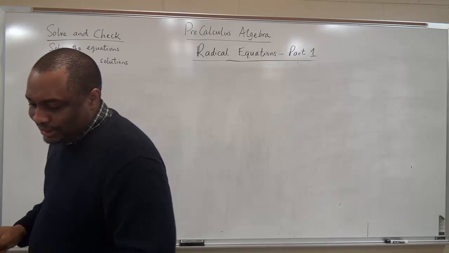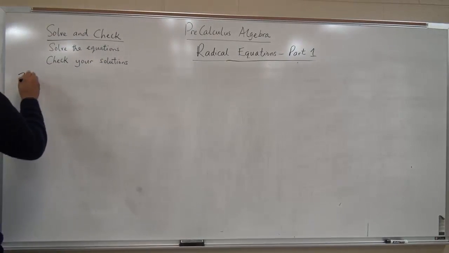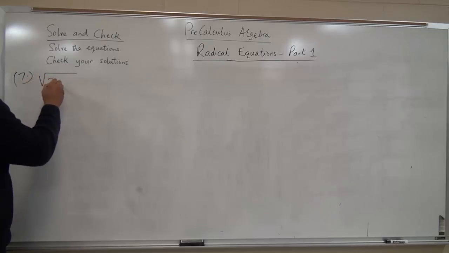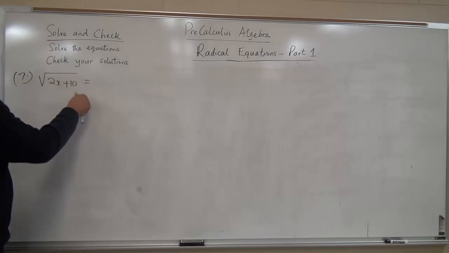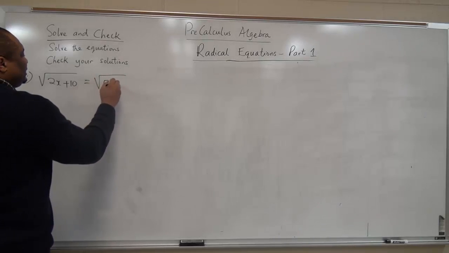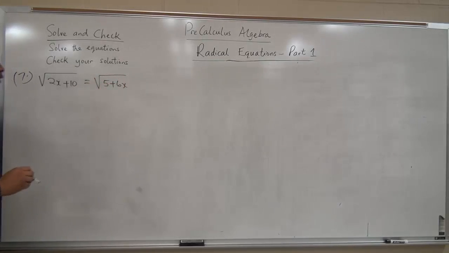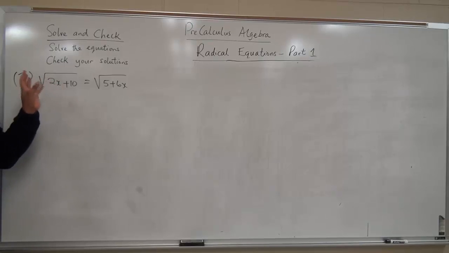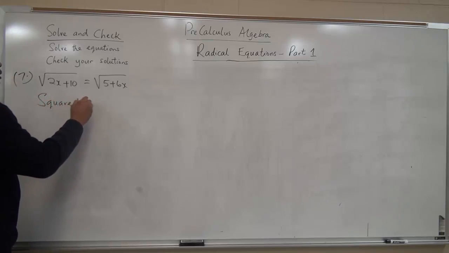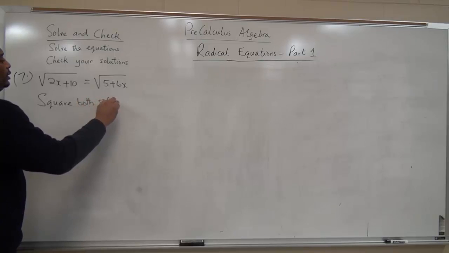Okay. Question 7. We are getting there. Square root of 2x plus 10 equal to square root of 5 plus 6x. Here it is pretty straightforward. Square both sides right away, as usual, like we've been doing.